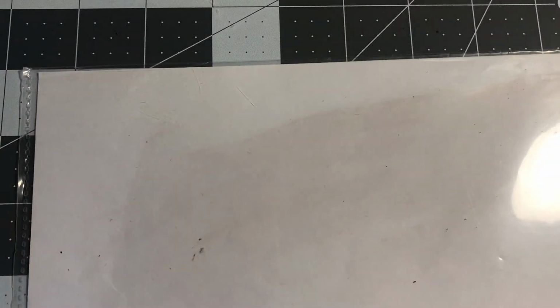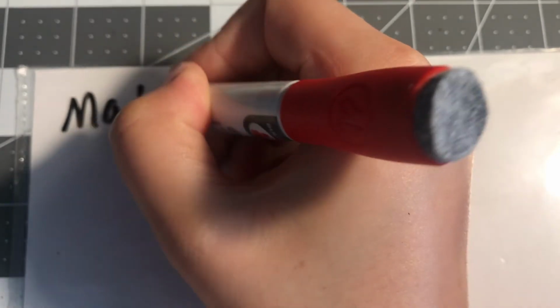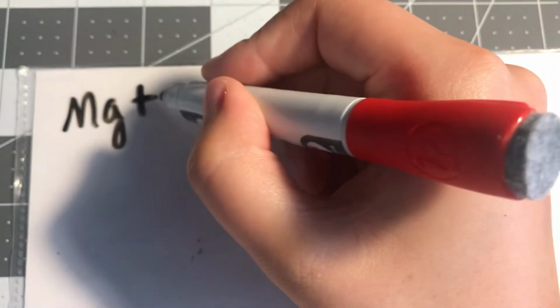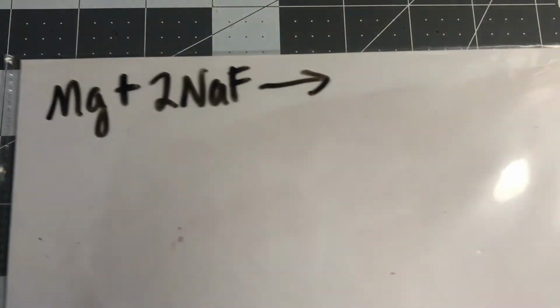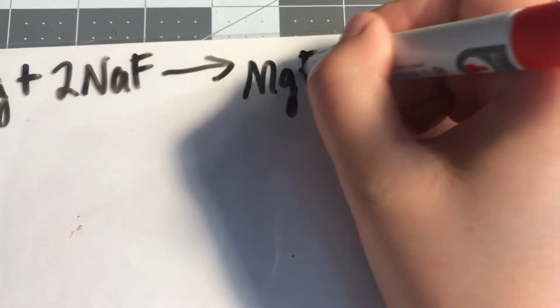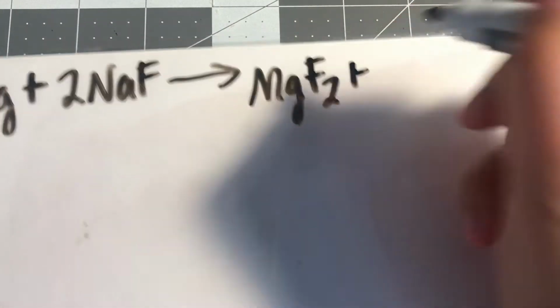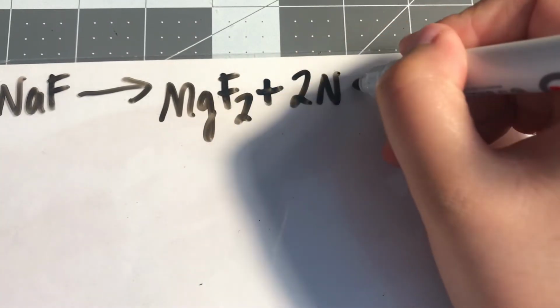So for instance, the balanced equation that she gives you is magnesium plus 2 moles of sodium fluoride yields products of magnesium fluoride plus 2 moles of sodium.